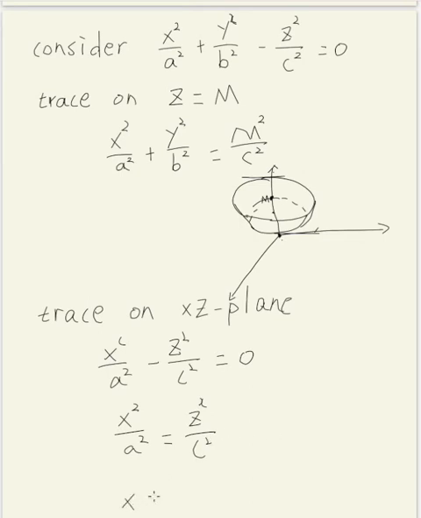We get x equals plus minus square root of z squared times a squared divided by c squared, or plus minus square root of a squared divided by c squared times z. Okay, depending on if a or c is positive or negative.